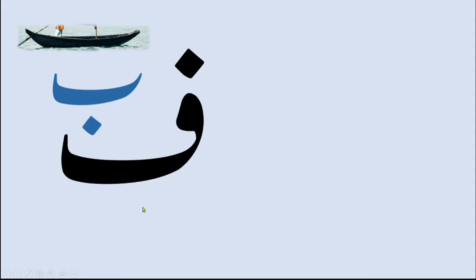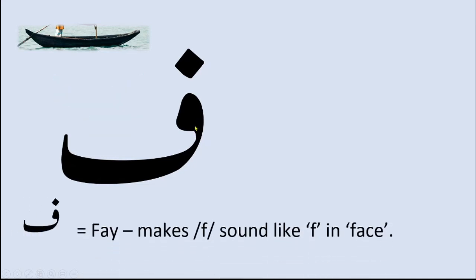The dot is not at the bottom, the dot is at the top. And this bit of the boat is a bit rounded. So that was letter B, and this one over here is letter F. It gives you the F sound, like F gives you in the word face.